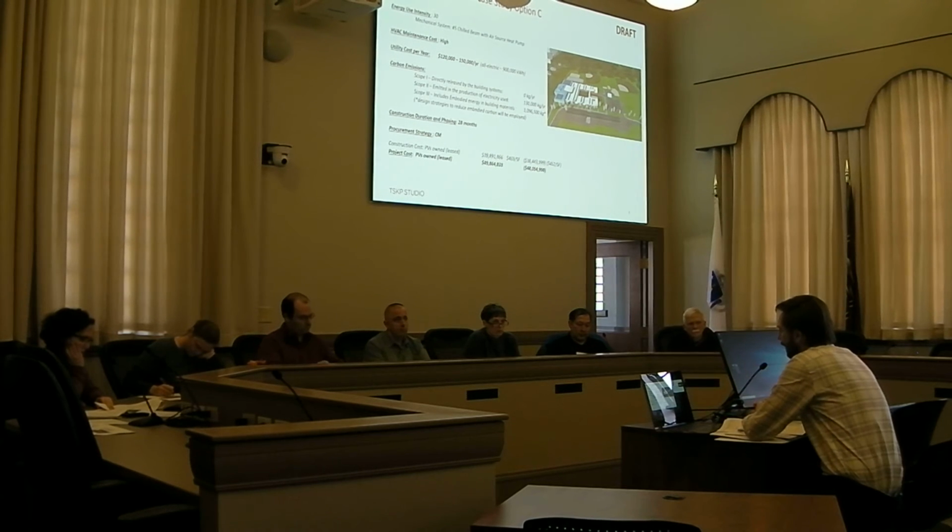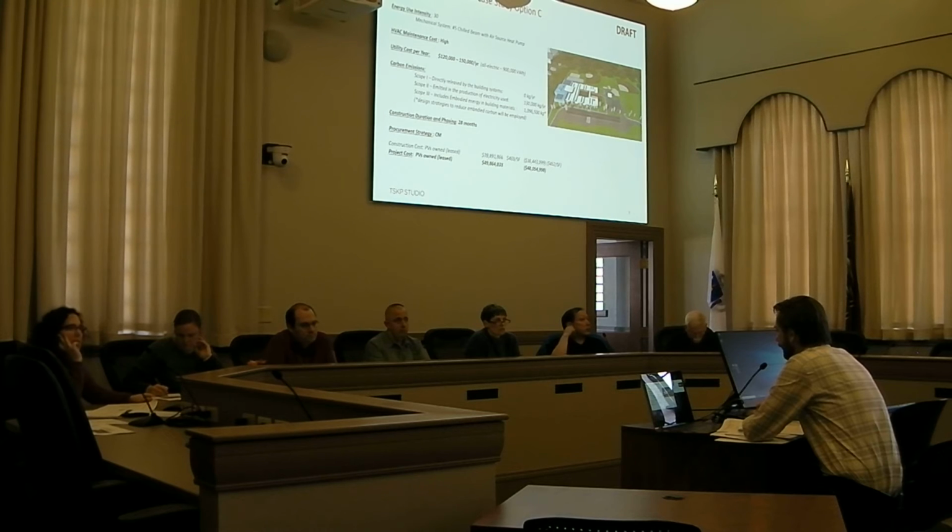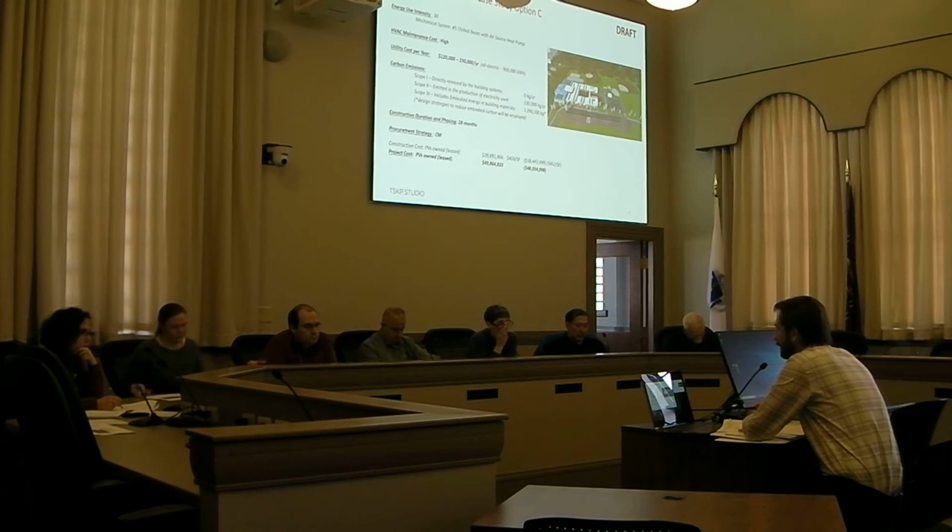And you can start to think about it as you look at option C, which has some scope 2 emissions. So its electricity that it's using requires 130,000 kilograms per year to be emitted. You can start to look at how many years would it take for the carbon emissions of option C to overtake that in the building.